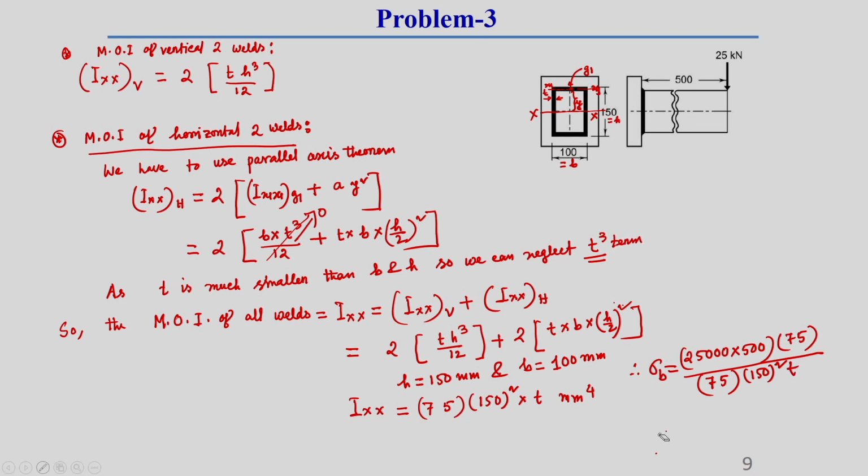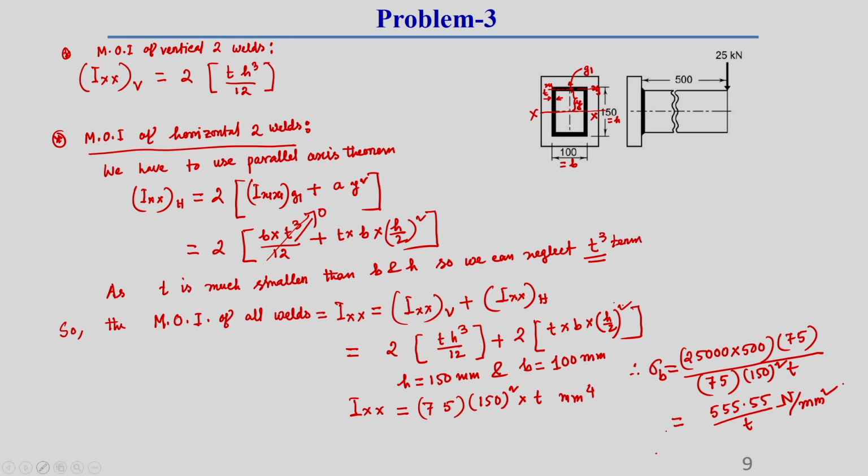So, this will give us sigma b equal to 555.55 divided by t Newton per mm square.